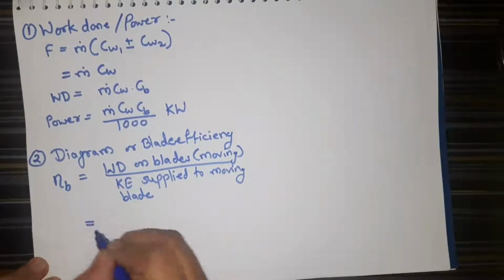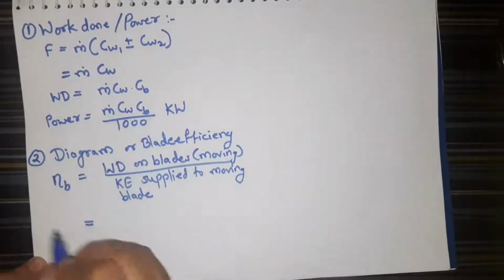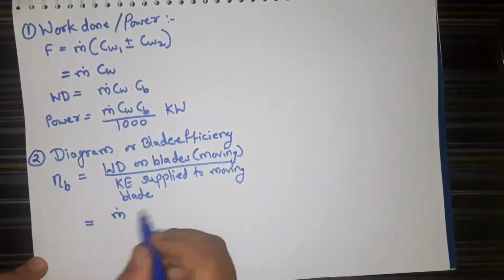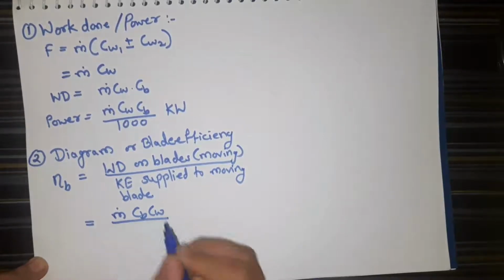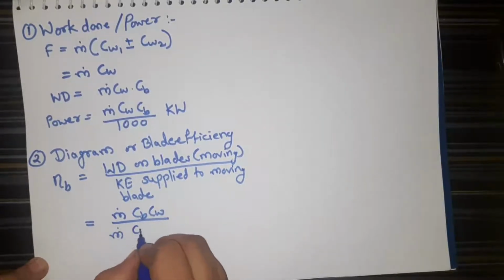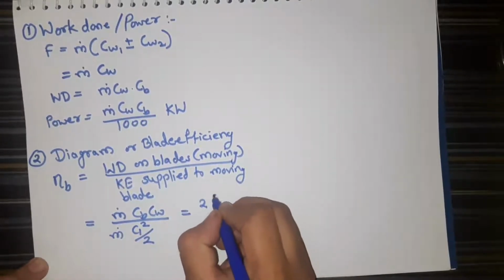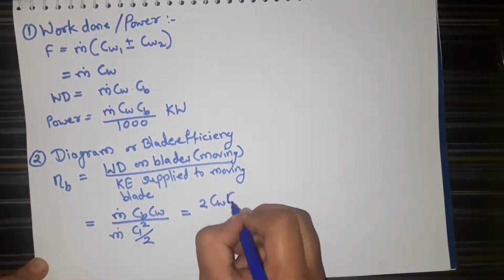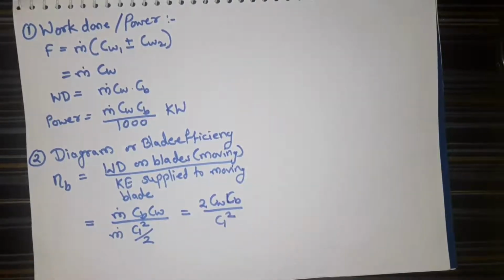So we can write here, work done for the moving blade is m dot Cb into Cw, divided by m dot into C1 squared by 2. Rearranging it, twice Cw by Cb divided by C1 squared. This will give you the blade efficiency.